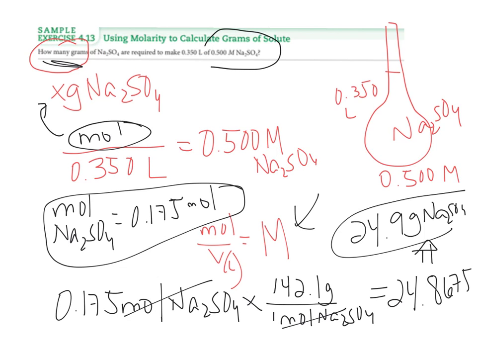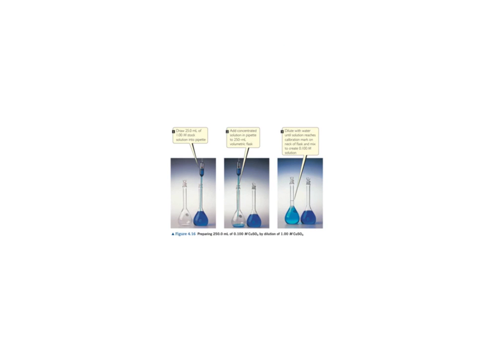And I just realized I didn't even put this problem on your notes, but now you know how to do it anyway. So we talked earlier in these notes about how to make a solution. We learned how to do that by adding, and we talked about how we would mass out the solute, put it into the flask, and add water. But now we're going to learn how to make a solution by dilution.